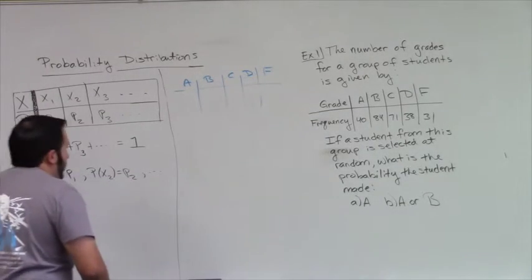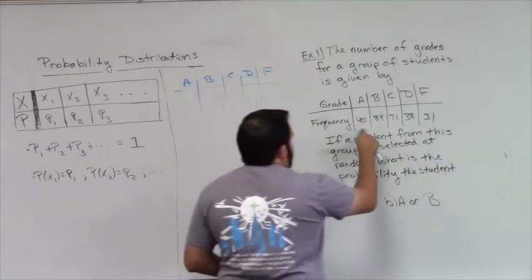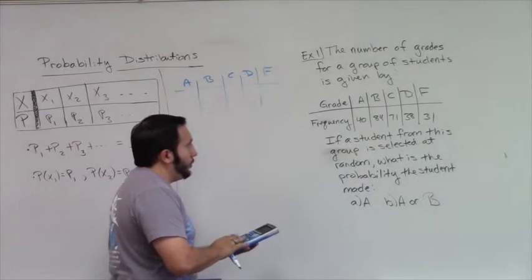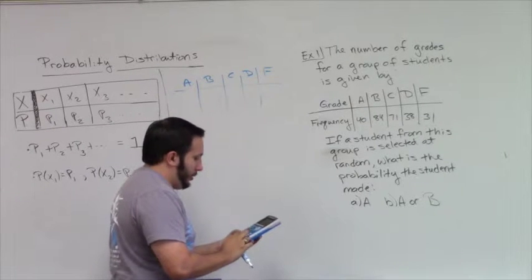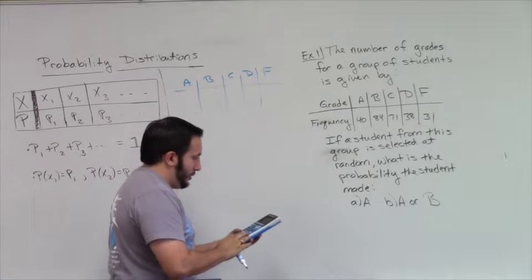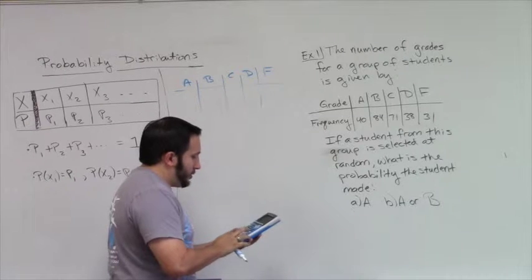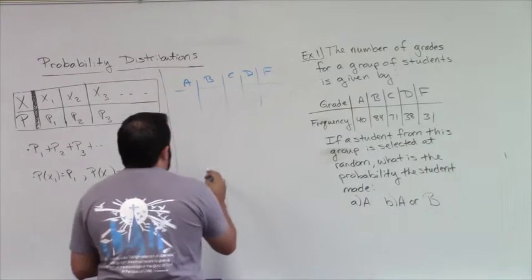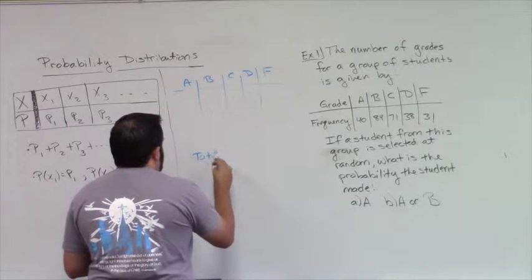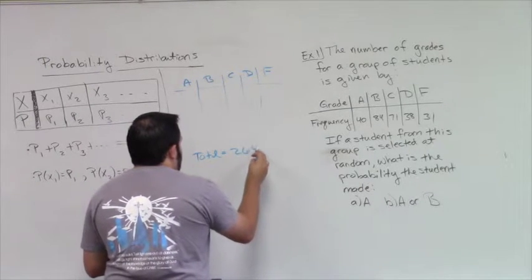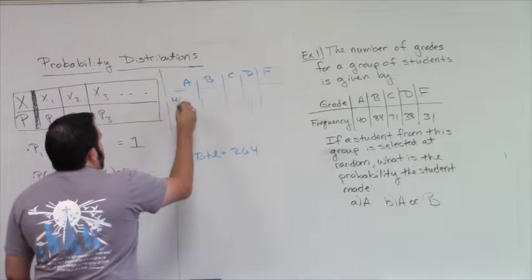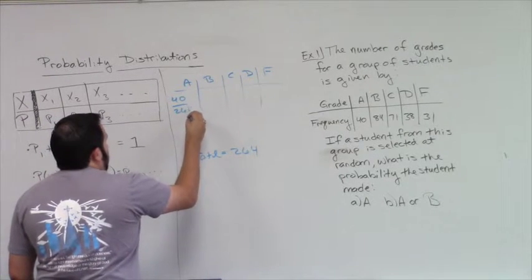Now, before I can even find the probability, I've got to find the total. I've got to see what this adds up to on the bottom. So 40 plus 84 plus 71 plus 38 plus 31 is equal to 264. So your total amount is 264. Therefore, the probability of A is 40 over 264.